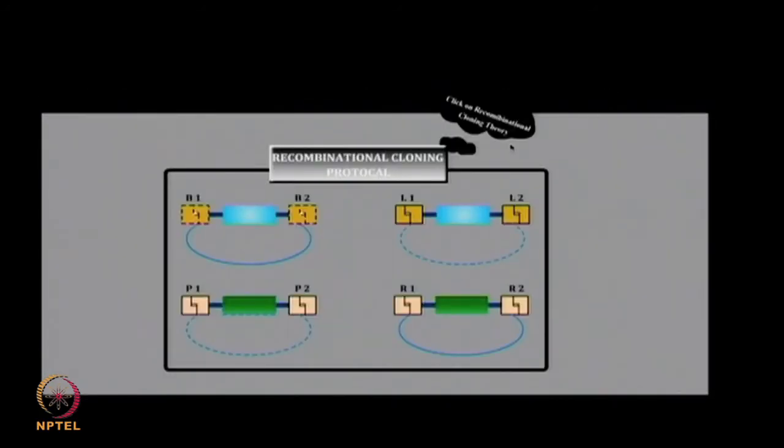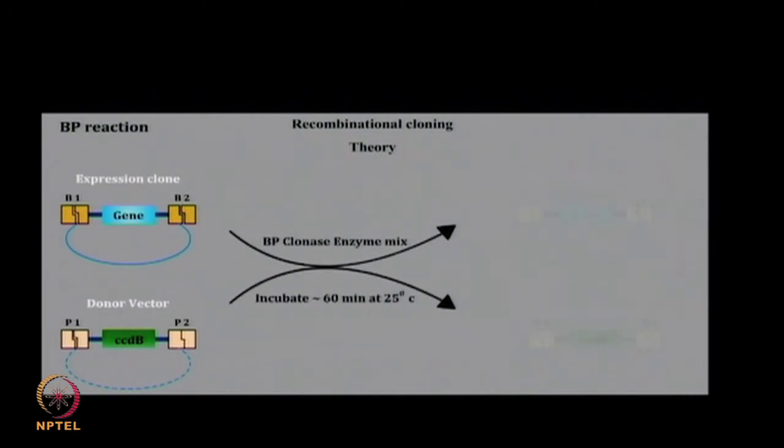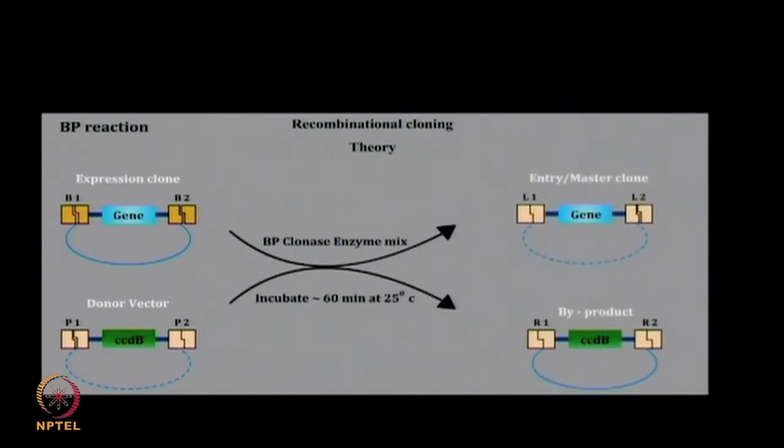Let us now talk about recombinational cloning. The recombinational cloning involves two reactions, BP reaction and LR reaction. The BP reaction of gateway cloning is a site-specific recombination reaction between the att B site of an expression clone or a PCR product and the att P site of a donor vector in the presence of BP clonase enzyme mix.